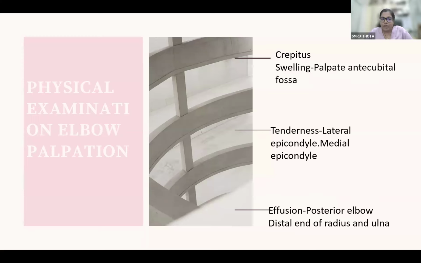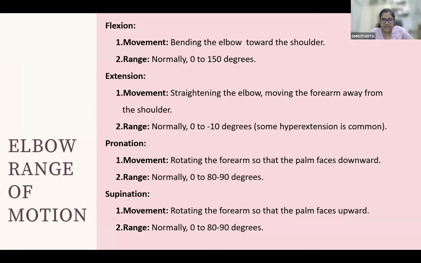Same in the elbow examination, we can see crepitus, swelling, and once you palpate in elbow arthritis, inflammatory arthropathy, or rheumatoid arthritis, we can palpate the antecubital fossa, and palpate the crepitus also on movement. Then tenderness in the lateral epicondyle, medial epicondyle in tennis elbow, golfer's elbow, effusion, posterior elbow, usually commonly we can palpate, and at the distal end of radius and ulna there will be tenderness if there is an arthritis.